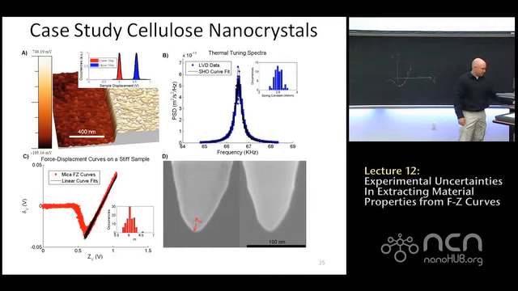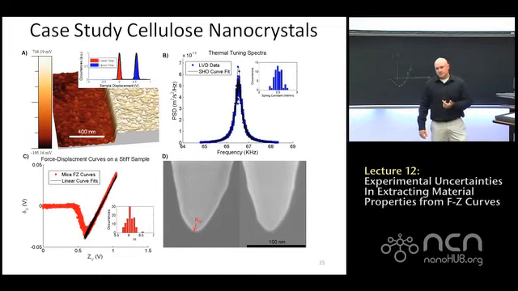Then for K, what this slide is showing is that the area under that curve is the mean squared deflection. Why that is the mean squared deflection is complicated. I don't really want to talk about it too much, but if you're really curious, you can ask me after class. If we compute the area under that curve, we repeat the K calibration many, many times, and we get a distribution for K. In this case, our distribution was 2.1 plus or minus 0.04 Newton per meter, which is about 5%-ish.